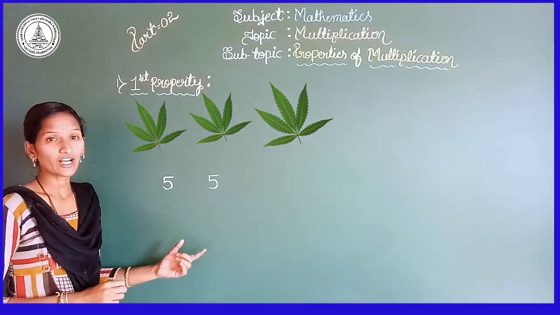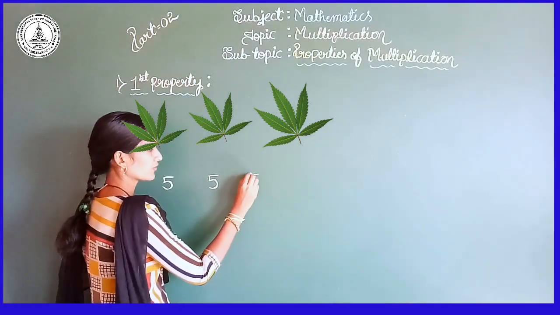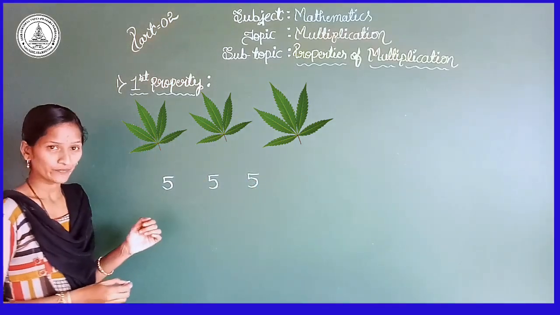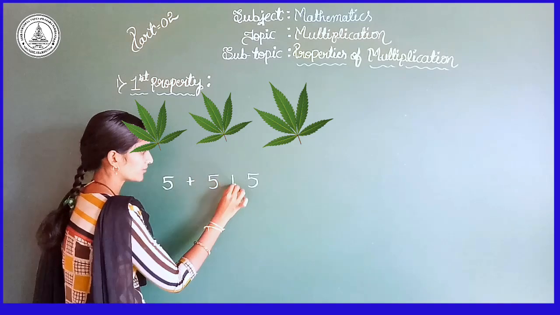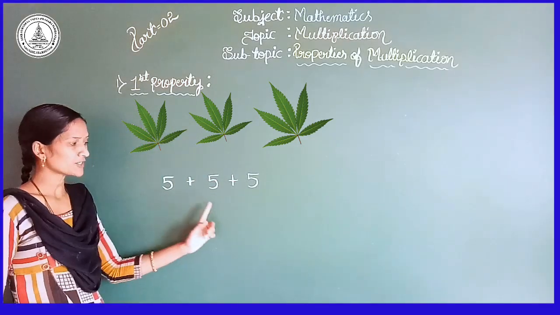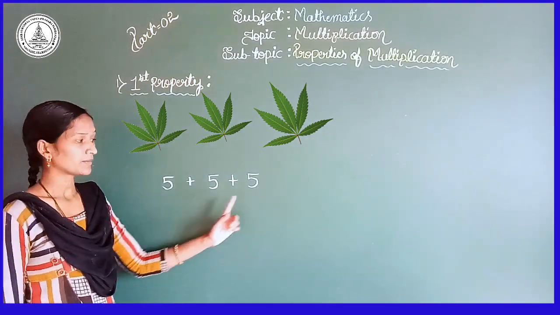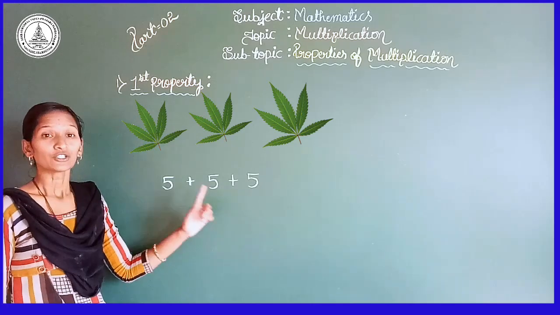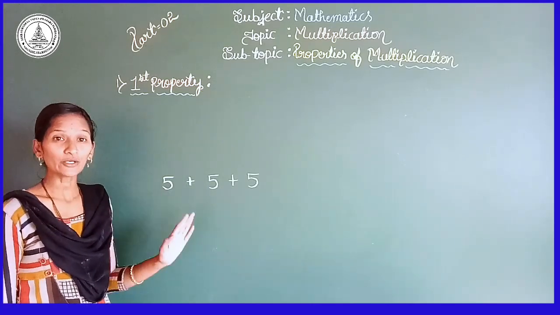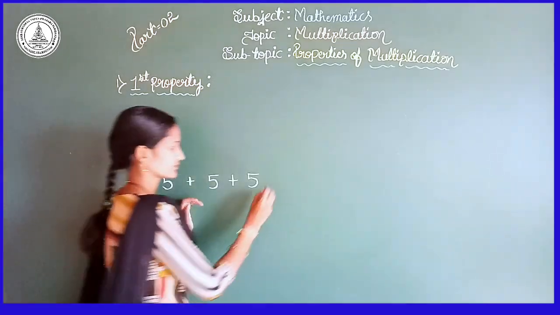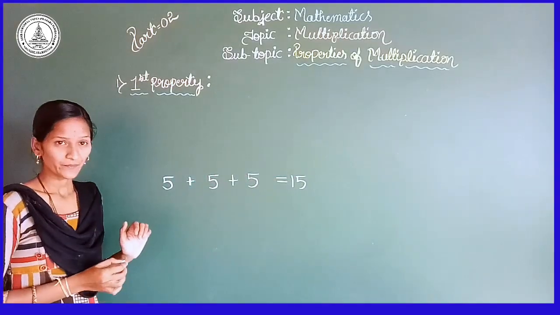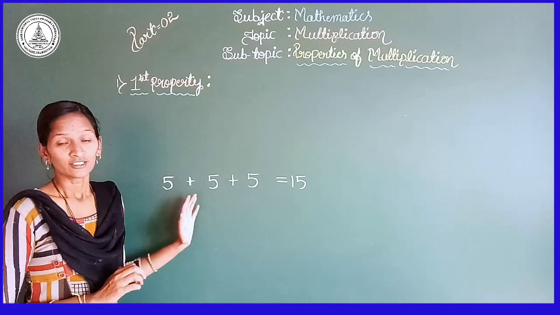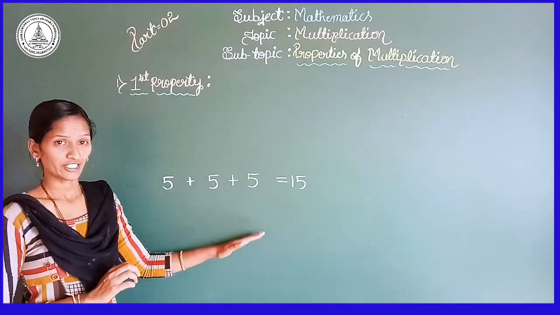In the third twig also we have the same number of leaves, that is also 5. So I am adding these 3 numbers. So 5 plus 5 is 10. This is the repeated addition, right?